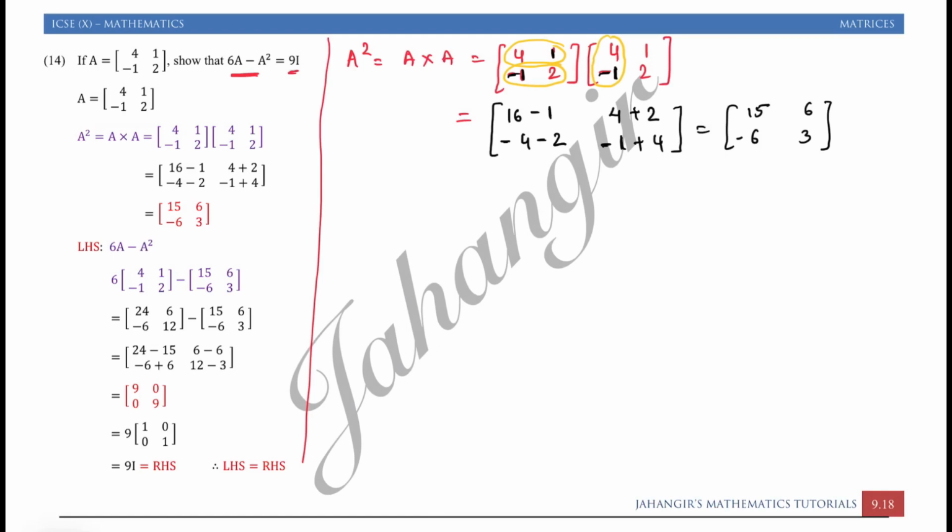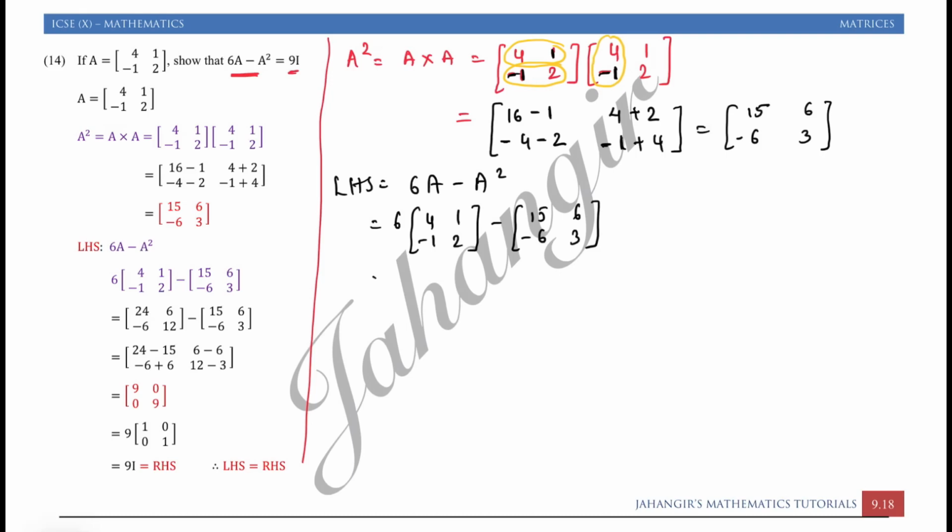So I got this answer. Now I want LHS as 9I. The LHS is 6A minus A square. So let me write 6 into A matrix, 4 minus 1, 1 2, minus 15 minus 6, 6 3.